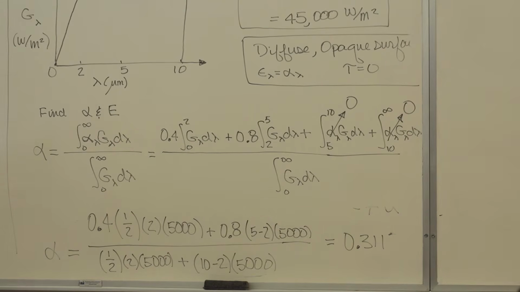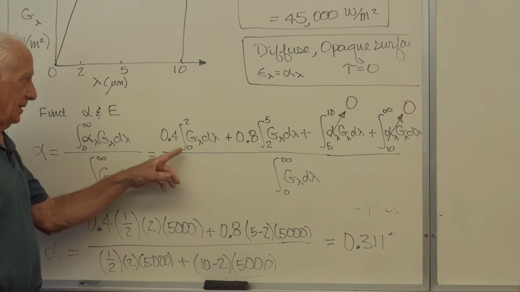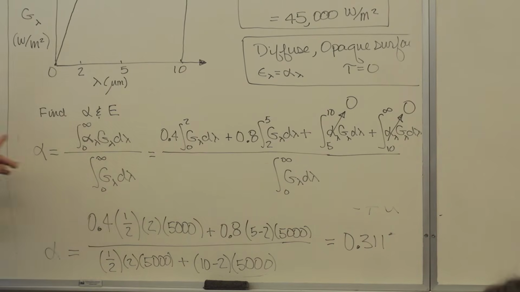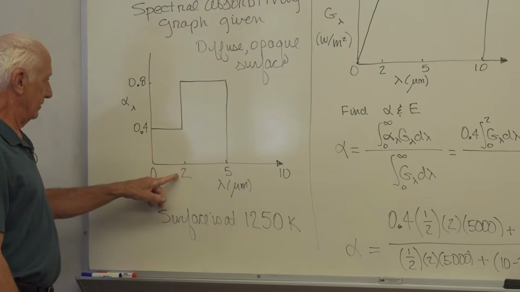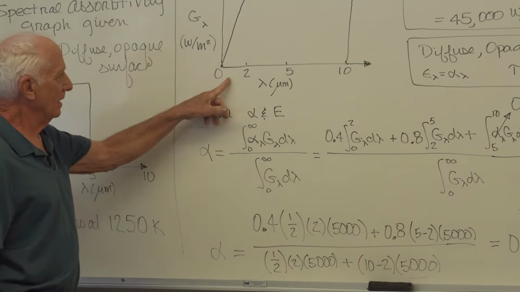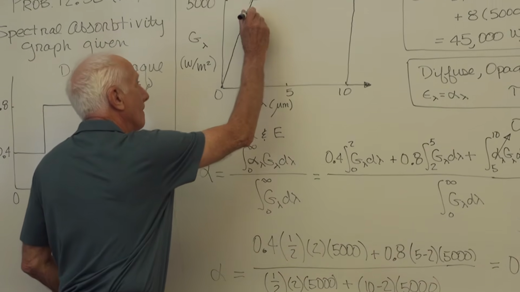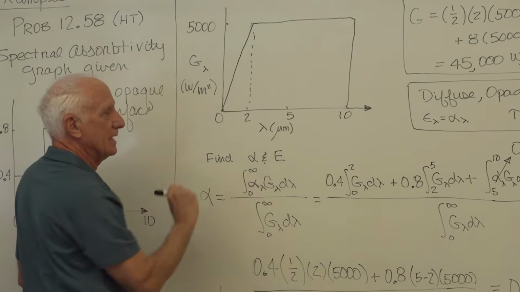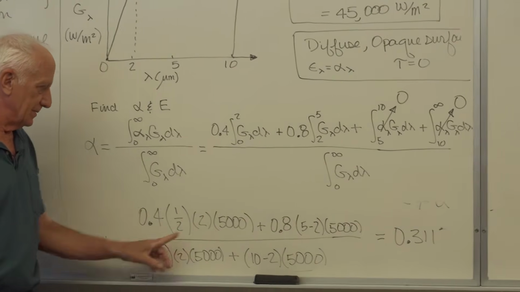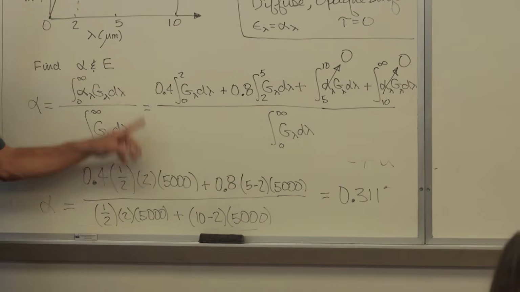Now, equal 0.4 times the area under the G lambda graph from 0 to 2. Here it is. There's the area, right triangle, 1/2 base times height. 0.4 times 1/2 base 2 times height 5,000.